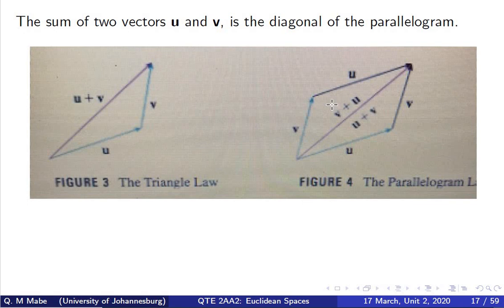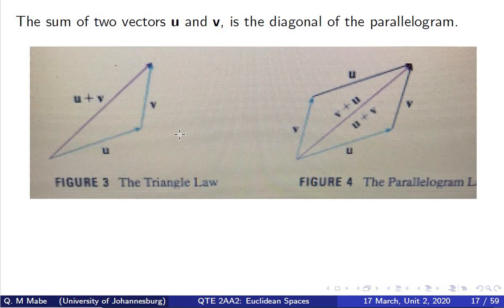At this stage, I take it that you're familiar with adding two vectors algebraically. But vectors can also be added geometrically by the parallelogram and triangle law. For instance, if we have vectors u and v, in order to draw these vectors, we use the head to tail method.